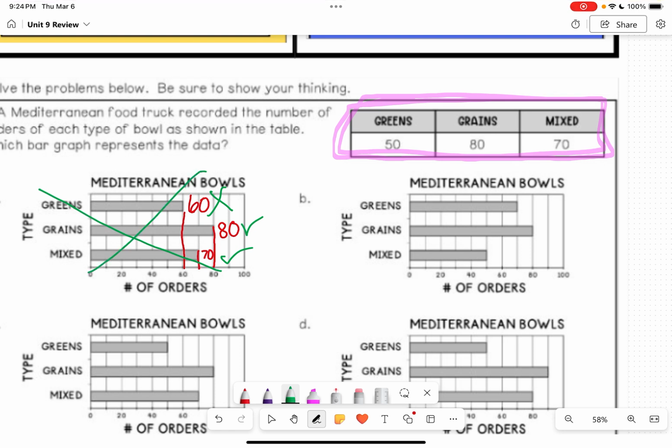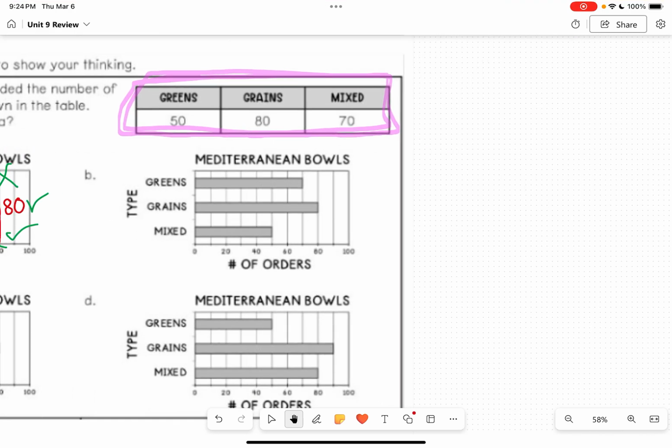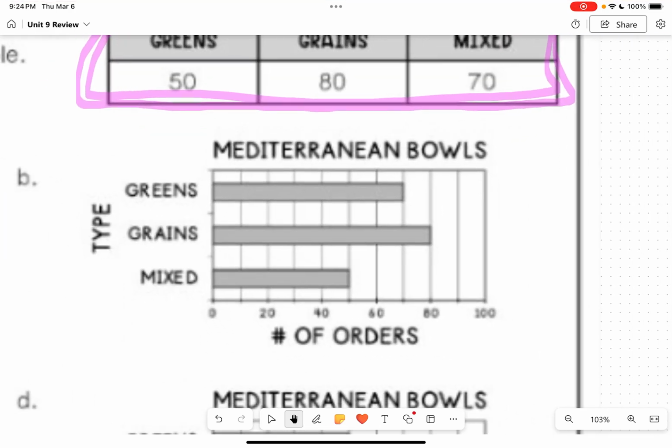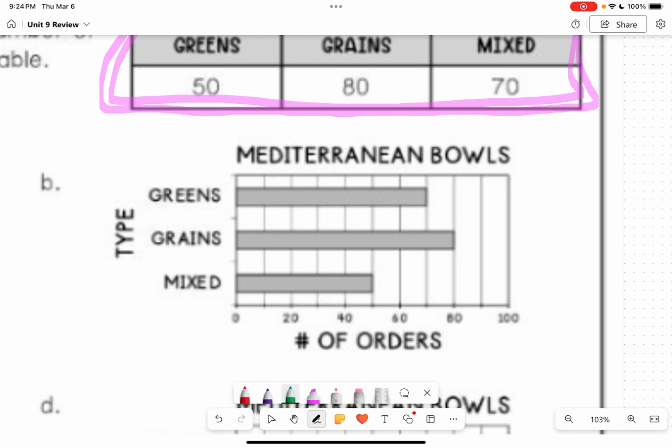Okay, so that's what we're going to do. So go to B. I'm going to zoom in. Again, mine is blurry, so just look at your paper. It's probably much clearer than mine. So on greens, we show it's in between, so that tells us it's 70. Grains is 80, and mixed is 50.